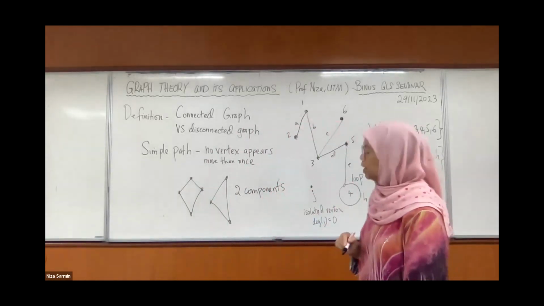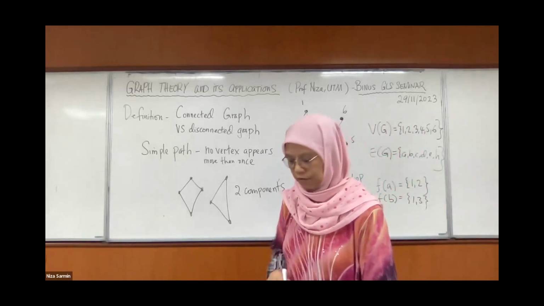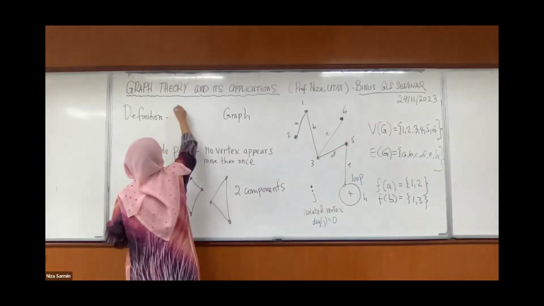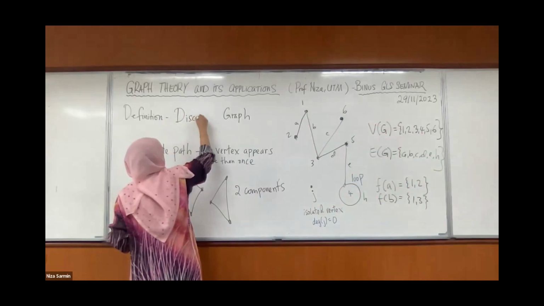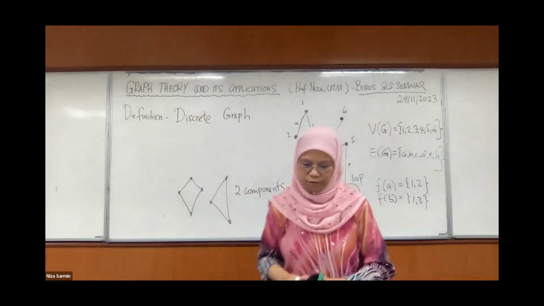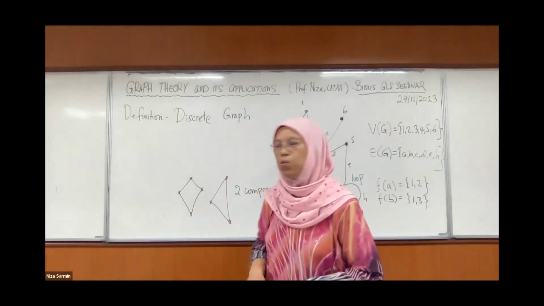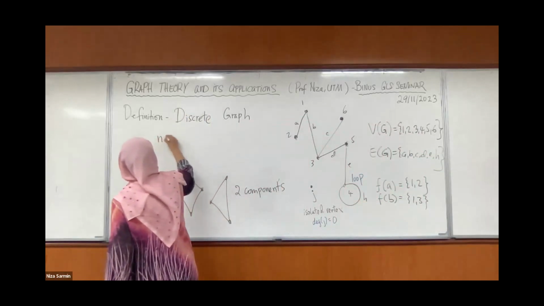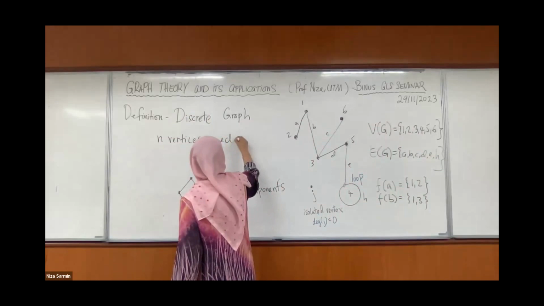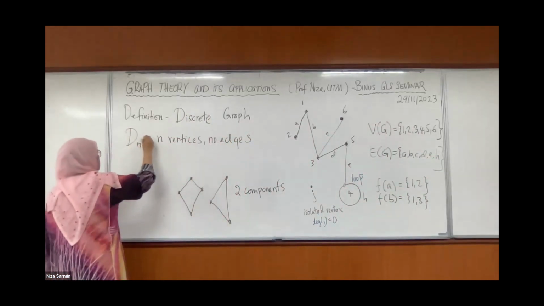Now the next one is what we call a discrete graph. If we have a graph with n vertices and no edges, we call it Dn.